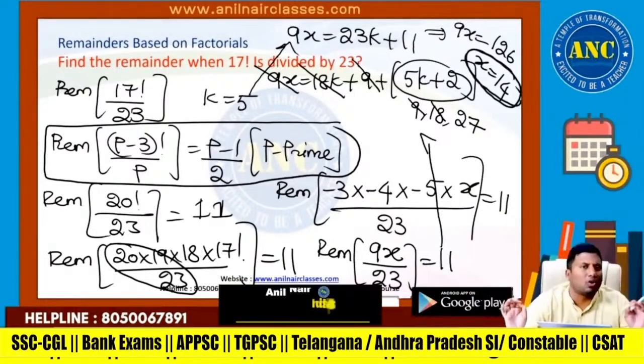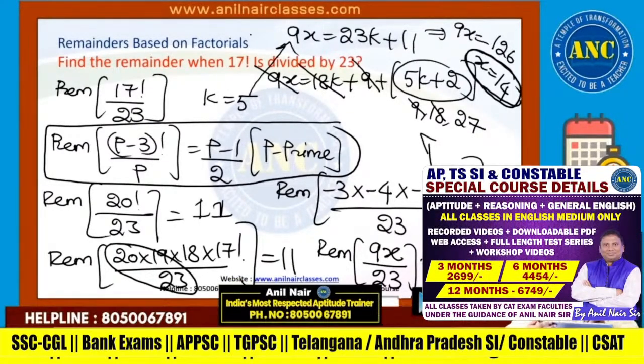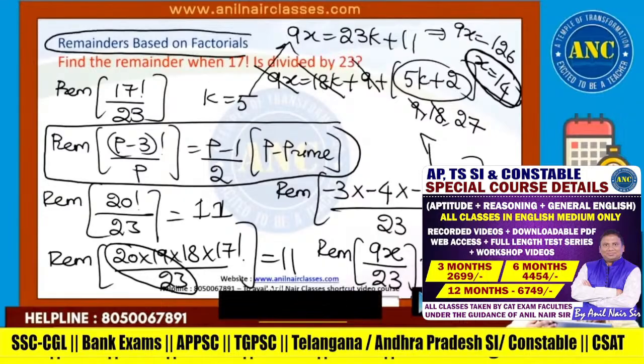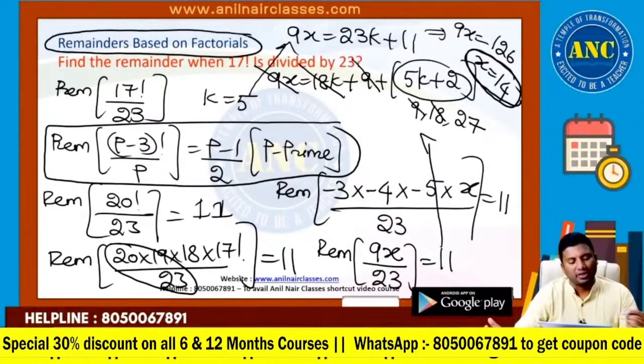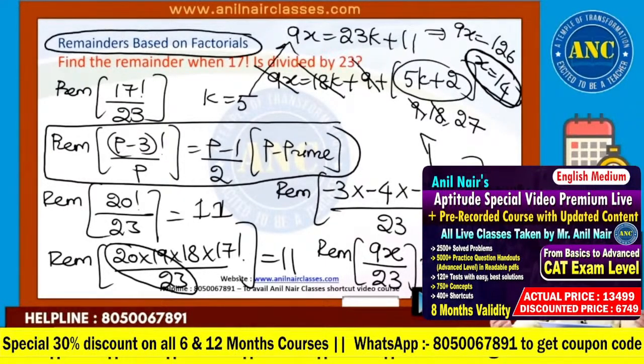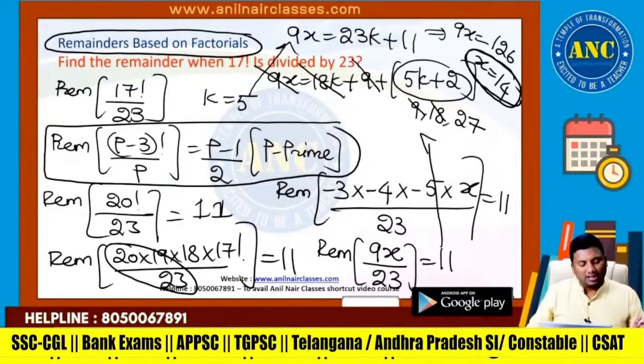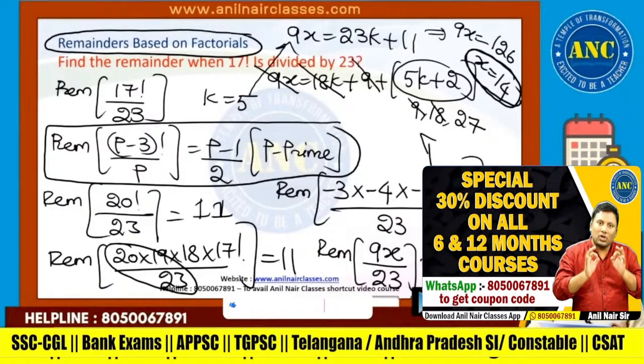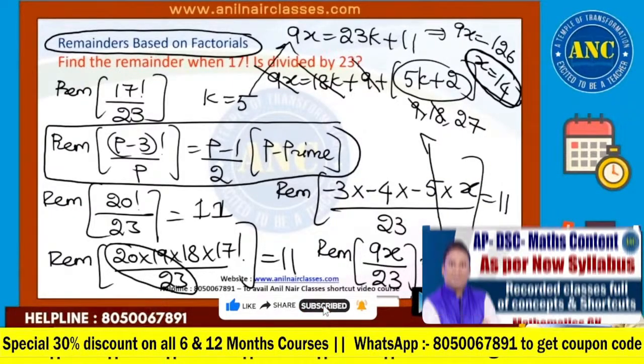Very, very good quality questions from the topic remainders based on factorials we are discussing. 17 factorial divided by 23. 20 factorial divided by 23 is 11. 20 factorial is 20 into 19 into 18 into 17 factorial by 23.